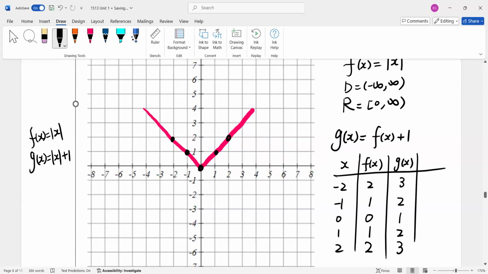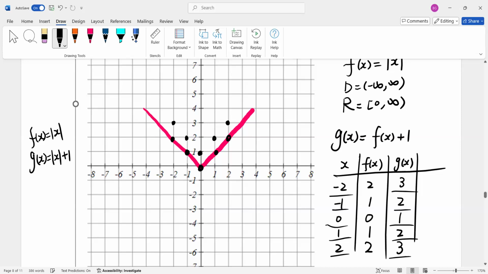The x value remains the same, but the y values all increase by 1. So 0, 1, 1, 2, as you can see, 1, 2, right? 0, 1, 2, 3, -1, 2, -2, 3. So this also goes up, and -1, 2, -2, 3.